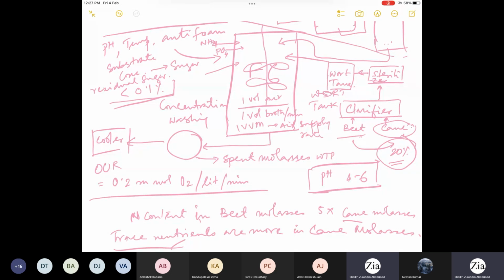And naturally, cells will also die after attaining a certain age. When cells are disrupted, the proteinaceous substances present in the cell come out and get mixed in the broth. Whenever you have hydrophobic-hydrophilic interaction, and due to the presence of air at the top of the liquid layer in the fermenter, you will have foam formation.